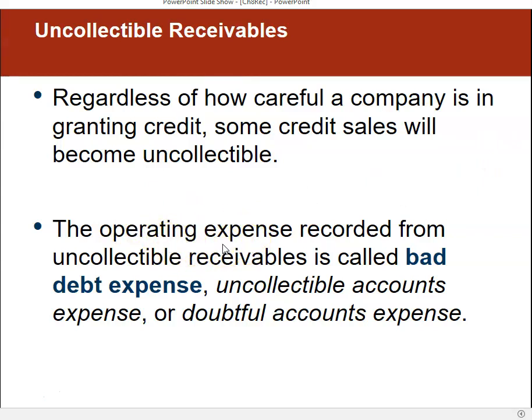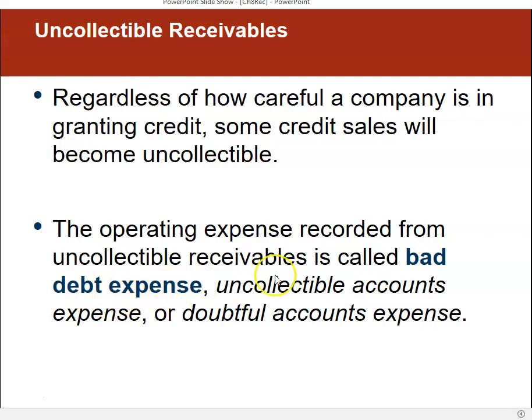It's an operating expense because we sold merchandise or services in the ordinary course of business, and so whenever whatever receivable we have set up becomes uncollectible, we have what is called bad debt expense.